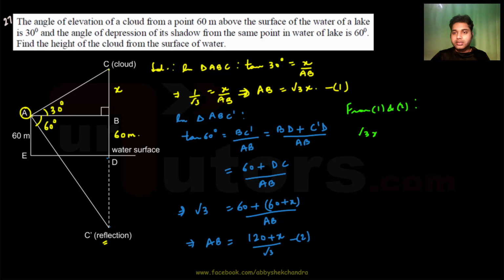Root 3x should be equal to 120 plus x by root 3. Take root 3 to the other side, root 3 into root 3 is 3. 3x equal to 120 plus x, or 2x equal to 120.